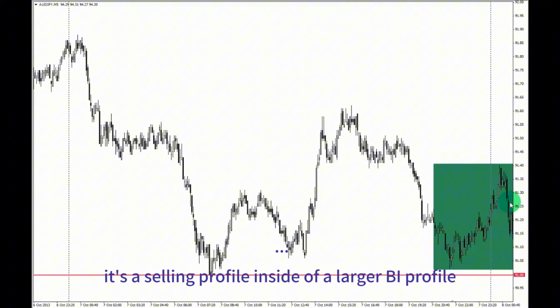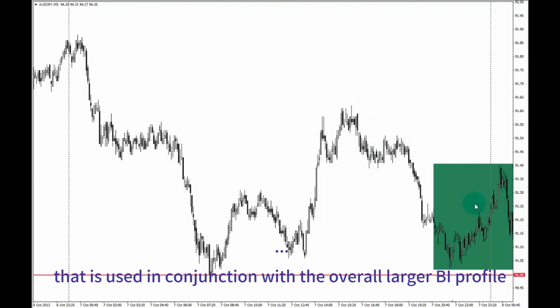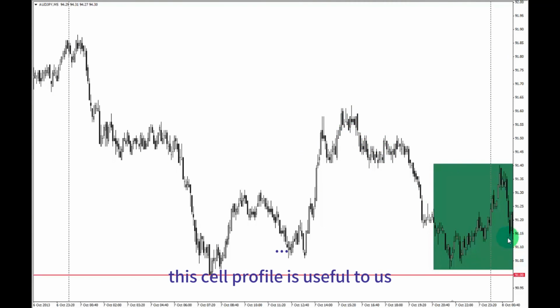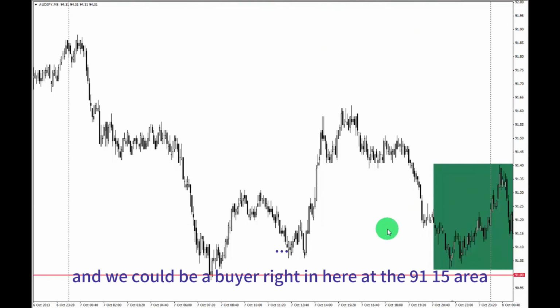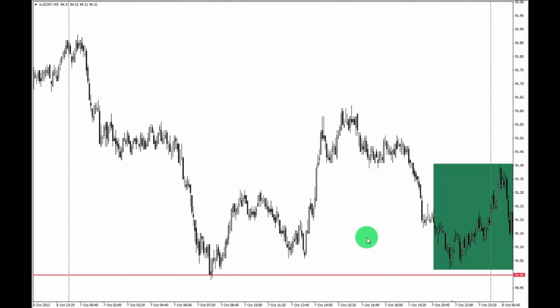It's a selling profile inside of a larger buy profile that is used in conjunction with the overall larger buy profile. This sell profile is useful to us that we can see an entry point that also dovetails nicely with the overall buy profile. And we could be a buyer right in here at the 91.15 area.